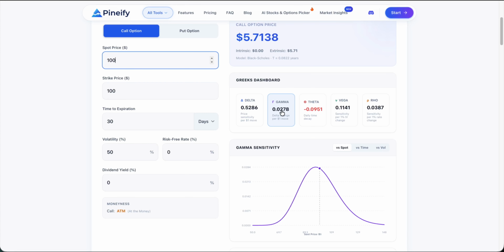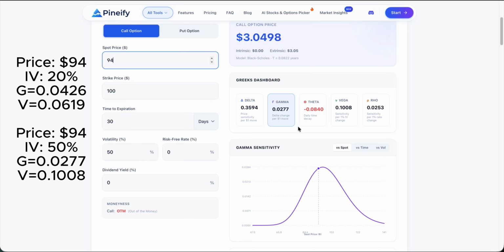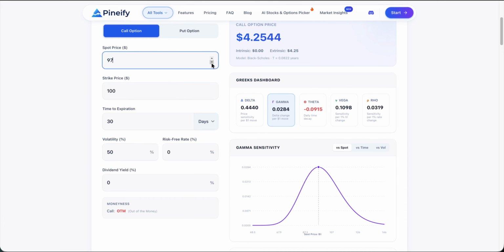So, now as we move past ATM and go towards out of the money, you'll see that we reached here at 97 the peak gamma, right? So we are out of the money by $3, and this is where the peak gamma is. So it's no longer at the money where we reached the peak.